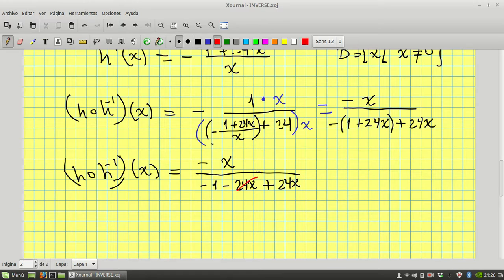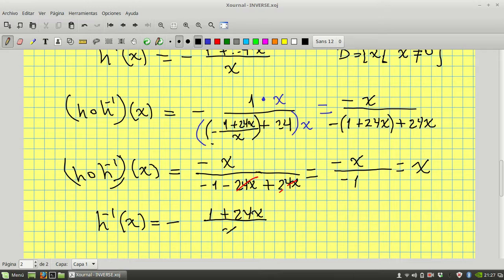So goodbye, the 24x terms cancel. So minus x over minus 1, that actually is x. So the inverse is right. So the inverse of h is negative 1 plus 24x over x. That will be the inverse of the function.